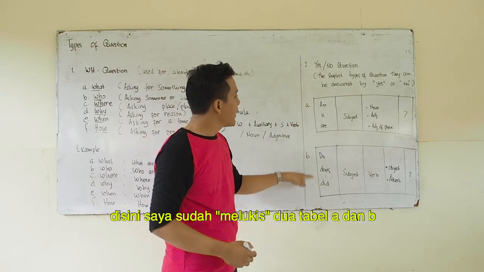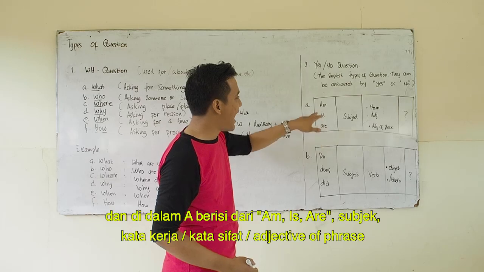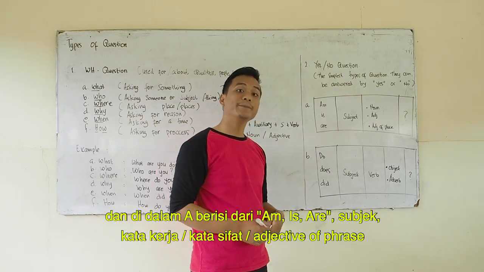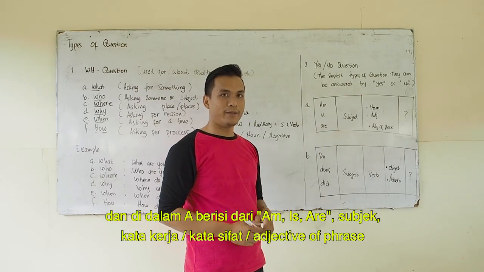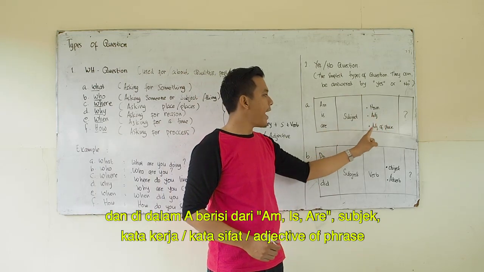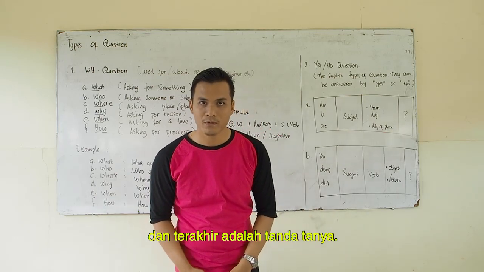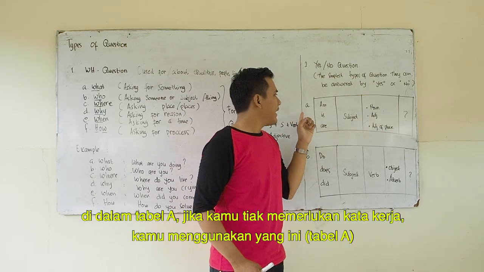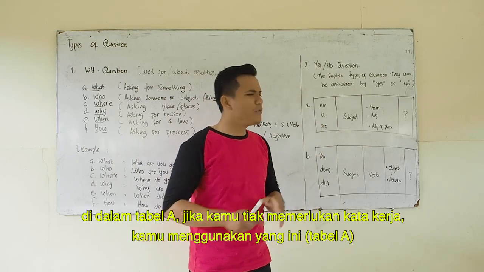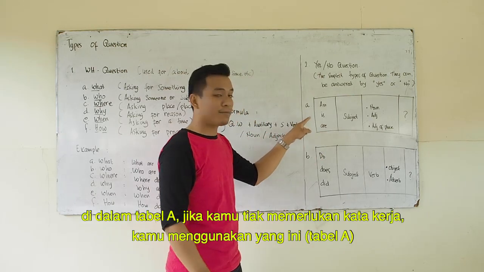A and B. Table A consists of am, is, are, subject, noun or adjective of place, and the last is a question mark. Right. In table A, if you do not need a verb, you use this one.